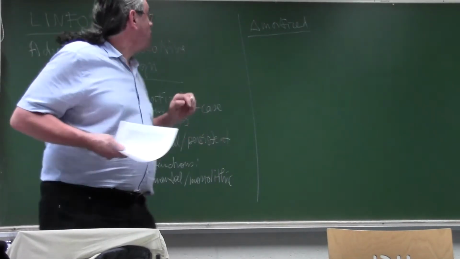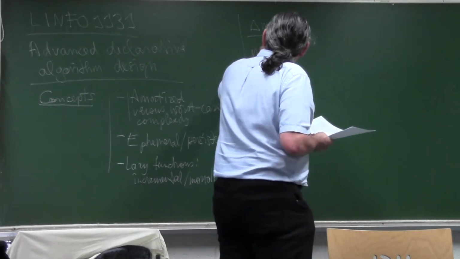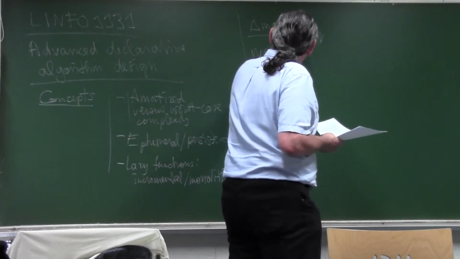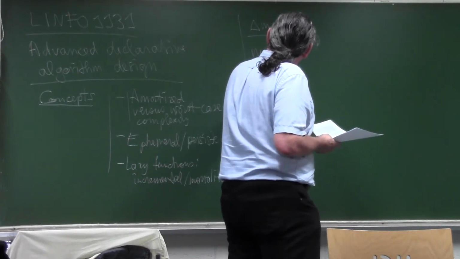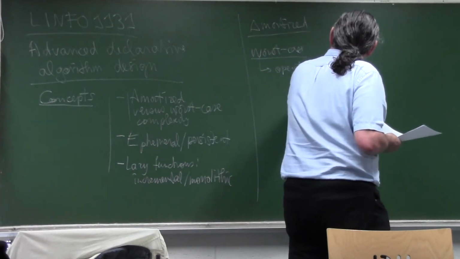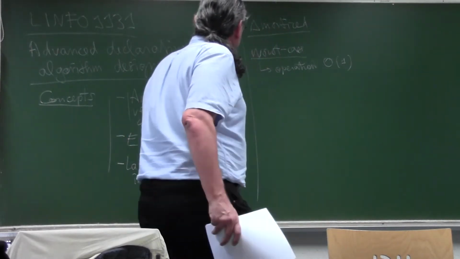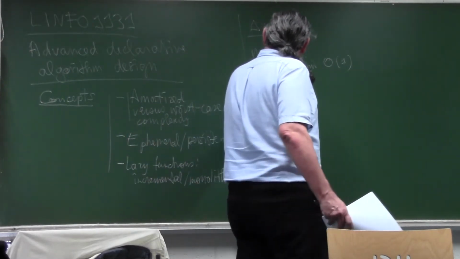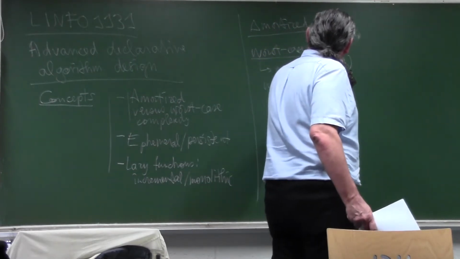Usually you do worst case complexity. In the worst case, you have an operation, for example, that is constant time, upper bound of 1. So n operations will take n time.